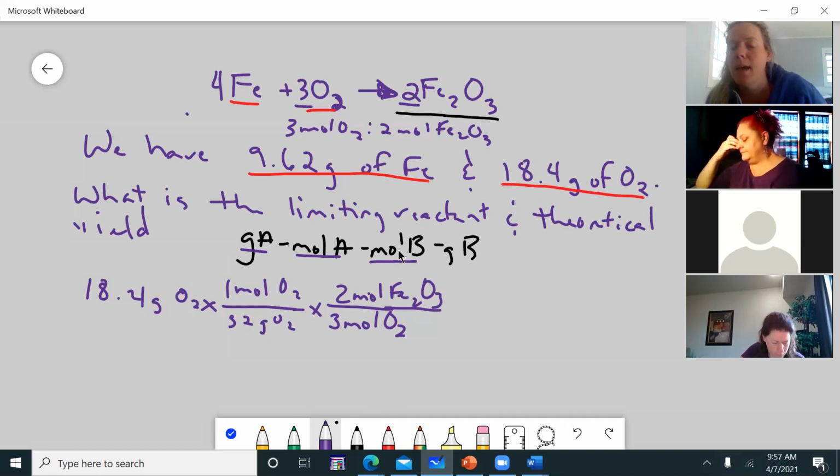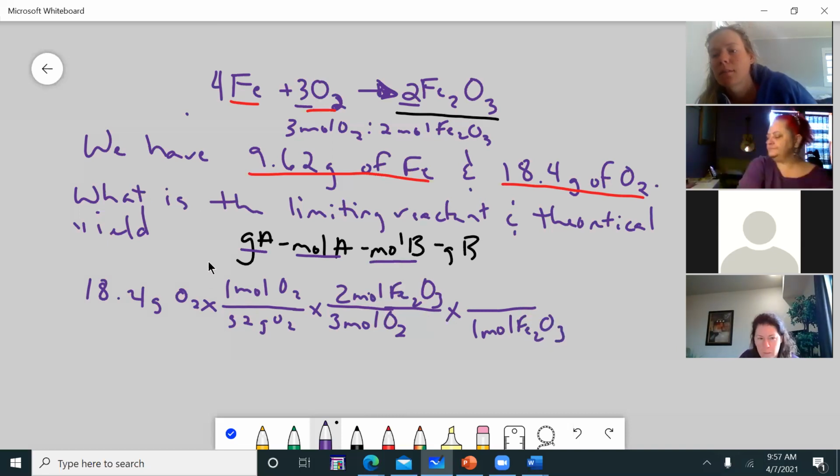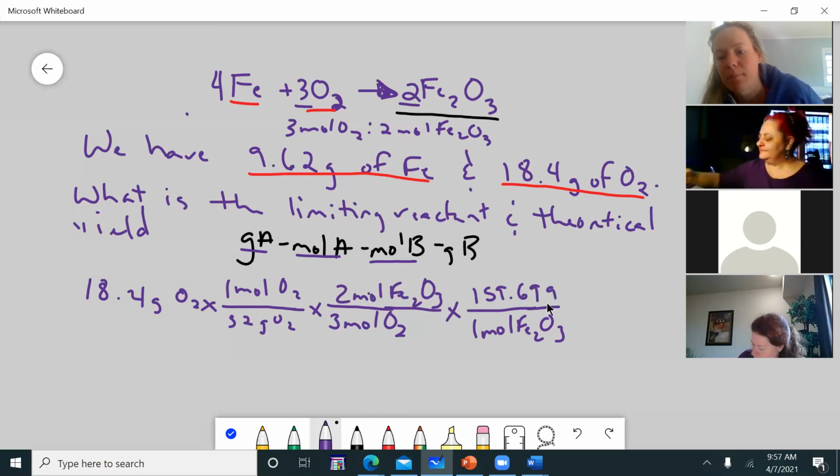Then that last step is to go from moles of whatever B is into grams of it. So 1 mole of Fe2O3. Does anyone have the mass on that? I'm too lazy to calculate it. 159.69, I think. That sounds about right. 159.69 grams of Fe2O3.